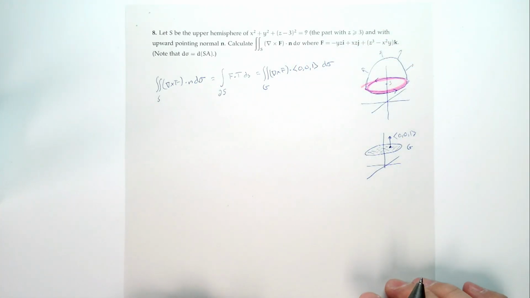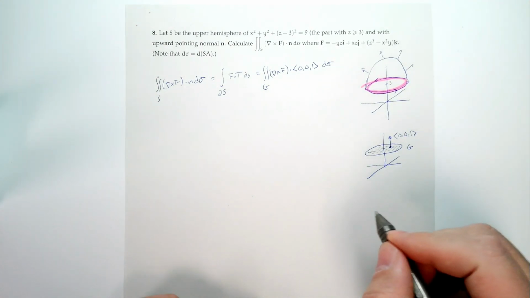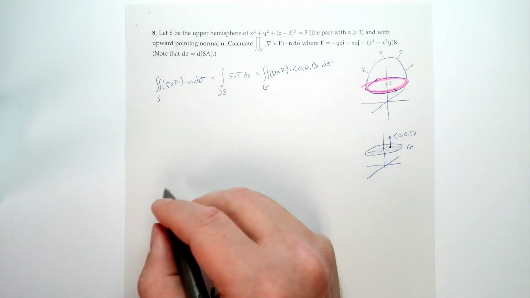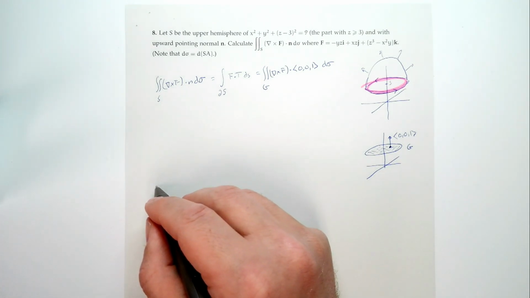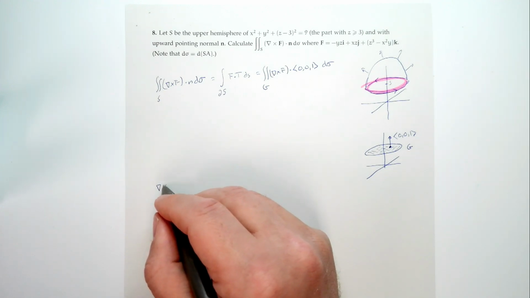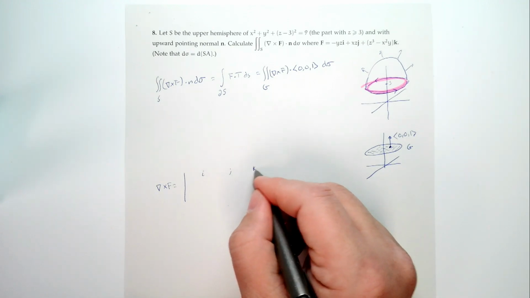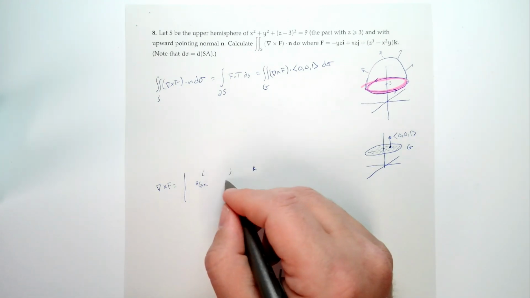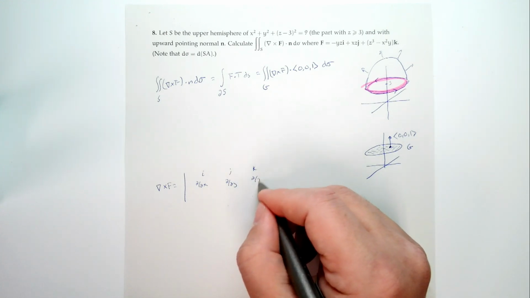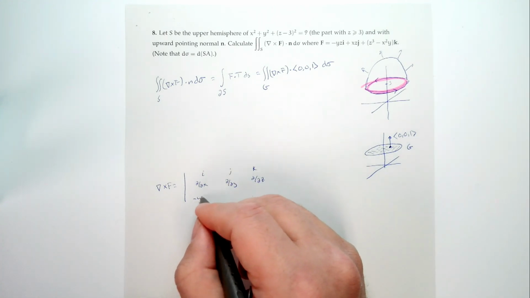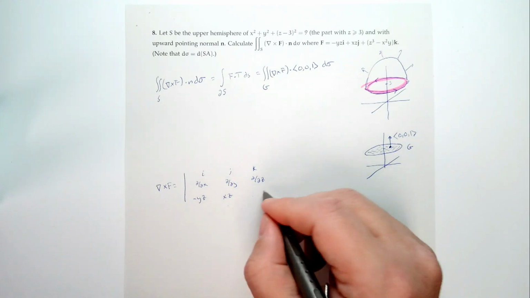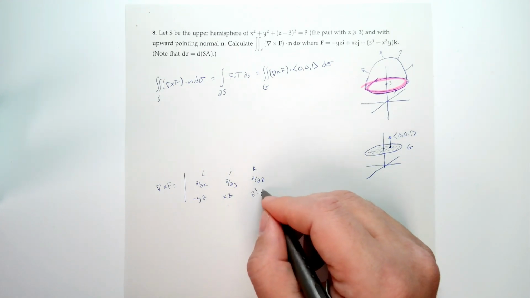All right. Well, let's find del cross F. And really, we could just find del cross F with just that last entry, but we'll go ahead and find all the entries. Why not? We've got the time. Well, I think we have plenty of time to finish this exam. So del cross F, so that's going to be, we have our i, j, k, partial x, partial y, partial z, minus yz, xz, z cubed minus x squared y.